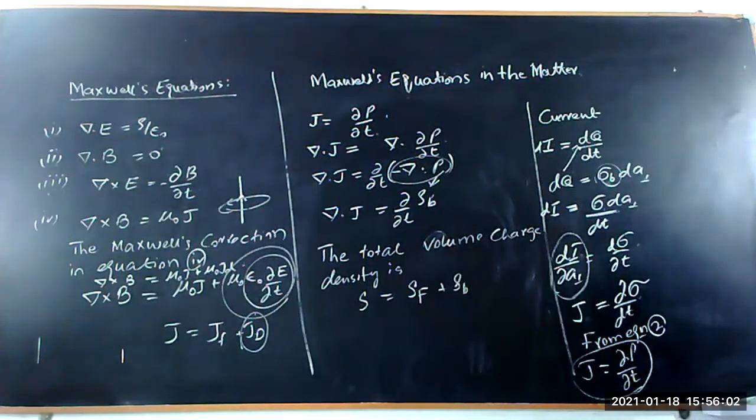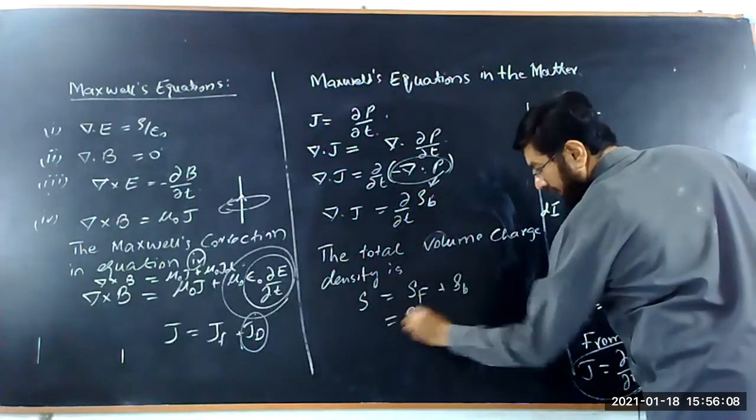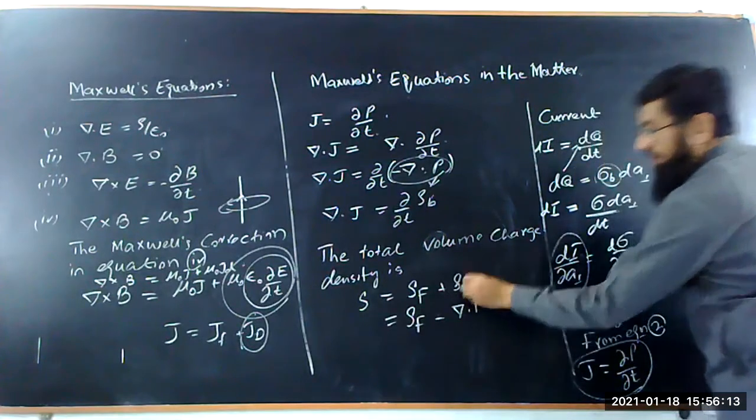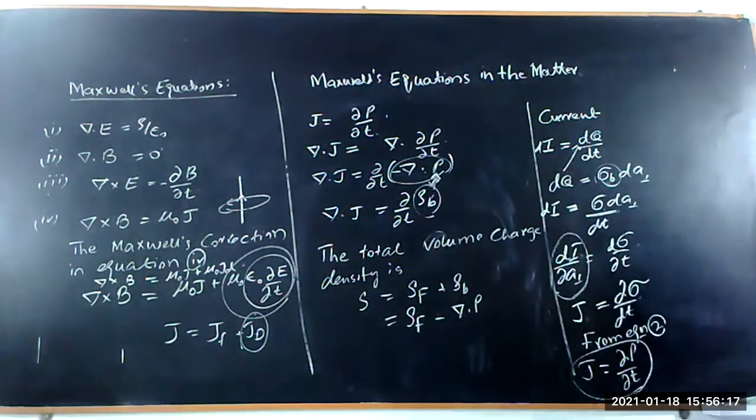So the total volume charge density is the sum of the free plus bound charges. This can be written as free plus bound is equal to minus divergence of P, because the bound charge density is the divergence of P.